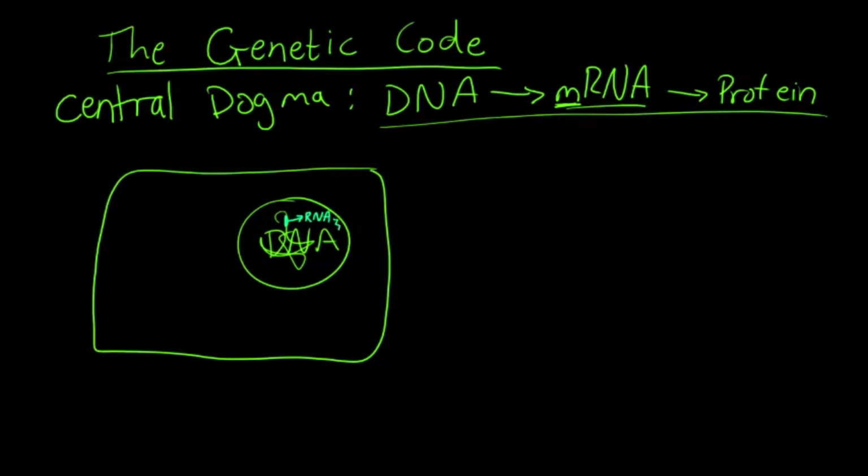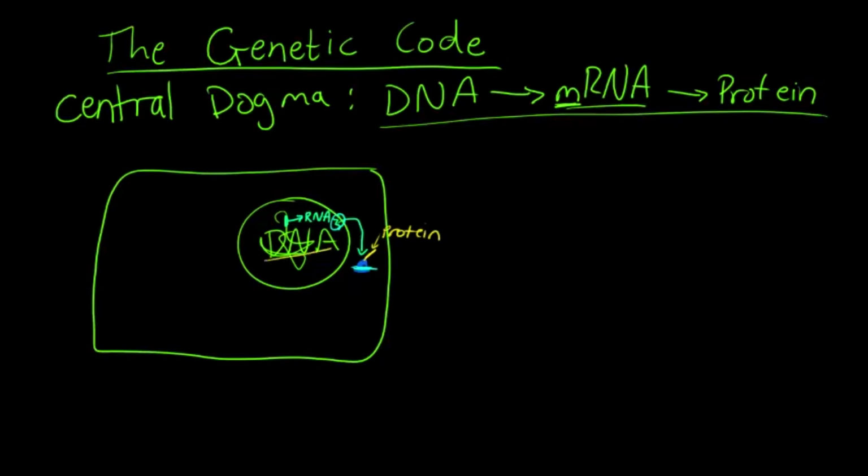And that RNA comes out into the cytoplasm, where the ribosome, protein and RNA machinery, finds this little messenger RNA right here and translates it, and as it translates, it produces a polypeptide chain, or this is our protein.